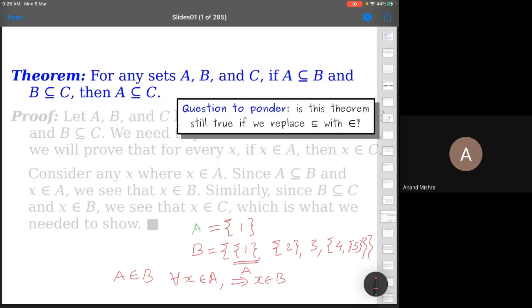But is that happening? 1 is not a member of B, right? 1 is not a member of B, therefore set A is not a subset of set B. Is that clear? So that is 1. Now the third question is A intersection B.